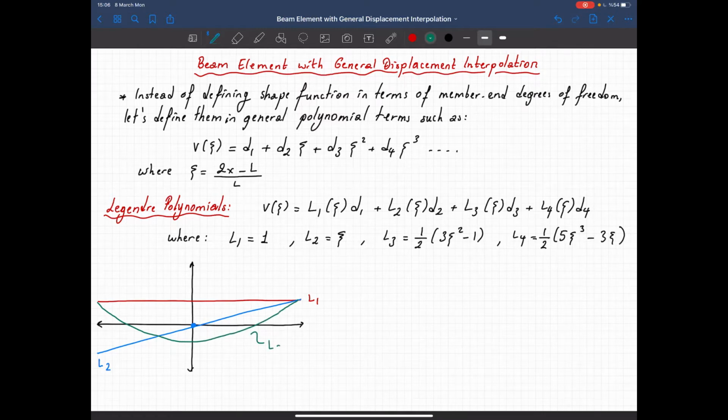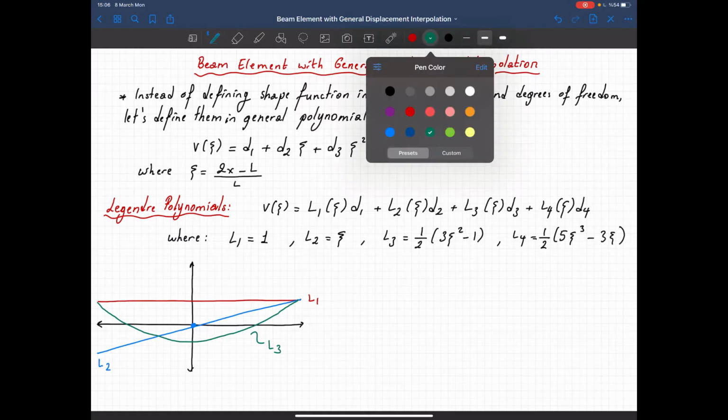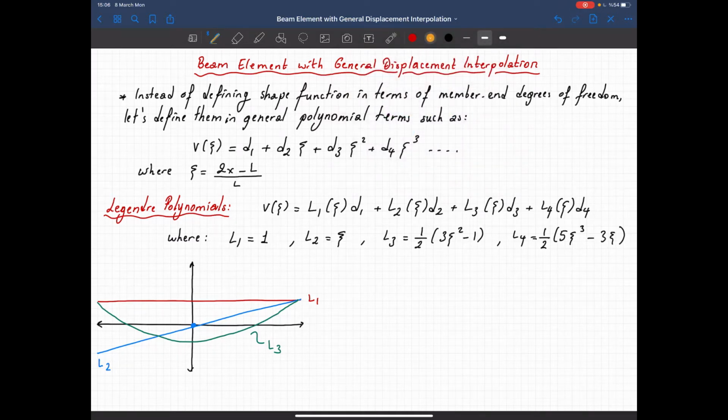That's L3, and let's use a different color for L4, and the variation of L4 will be as follows. So this is L4.